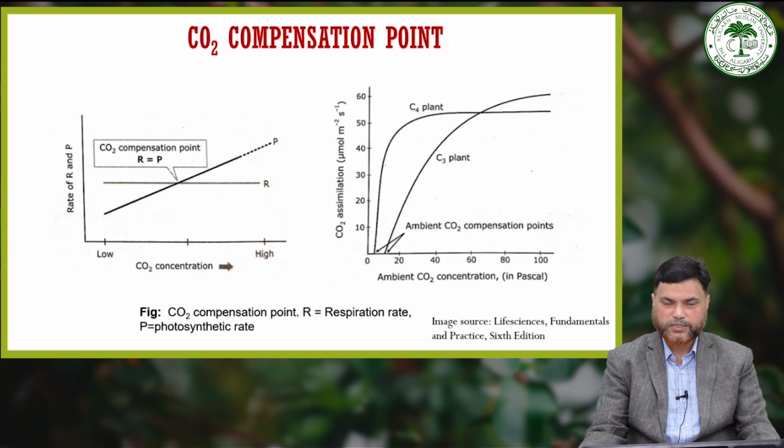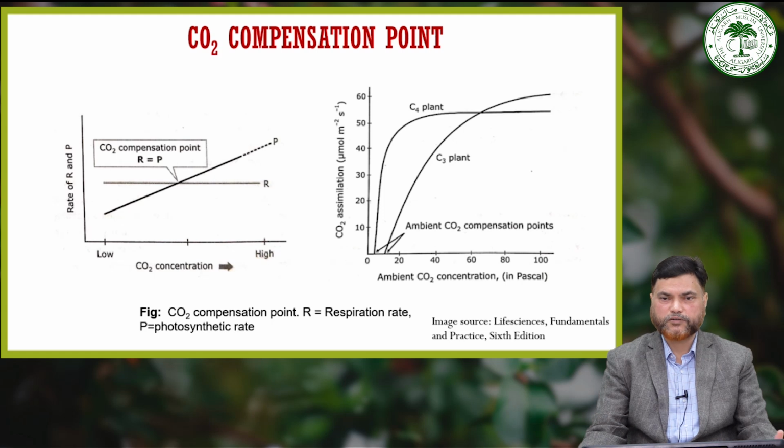So in this respect, C4 plants have an edge over the C3 plants. The actual carbon dioxide concentration at which compensation point occurs varies with environmental factors, especially temperature and among different plant species.